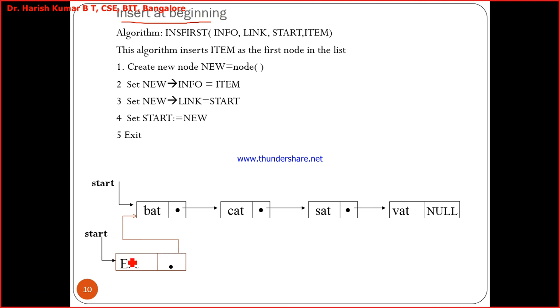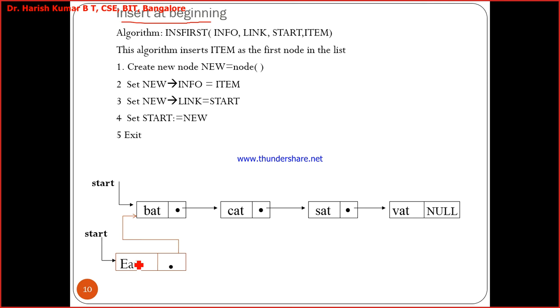After creating this new node, I'll assign the info field. Since I have to make this node the first node, what do I have to do? Earlier, before this node was created, that node was the first node. Now, since this should be inserted at the beginning, this node will become the new starting node.